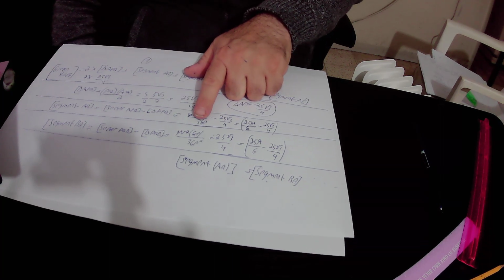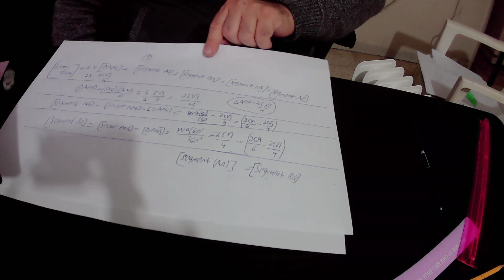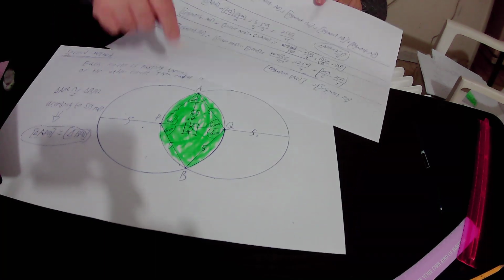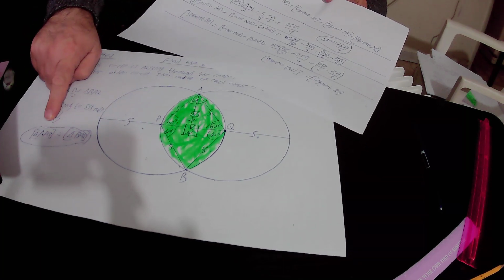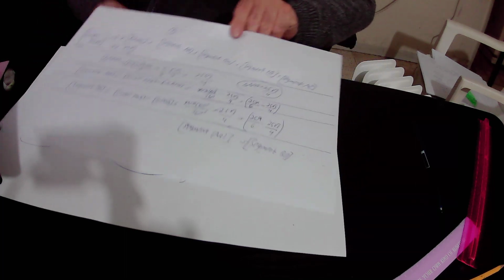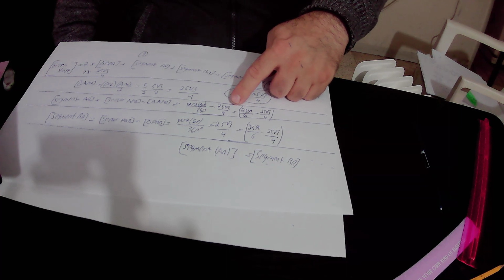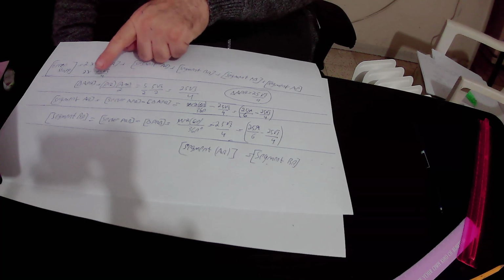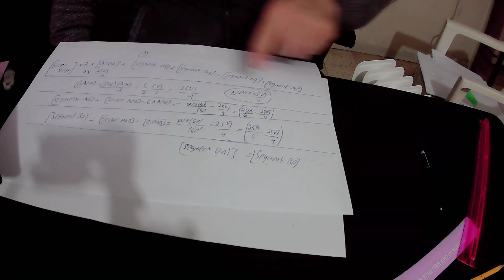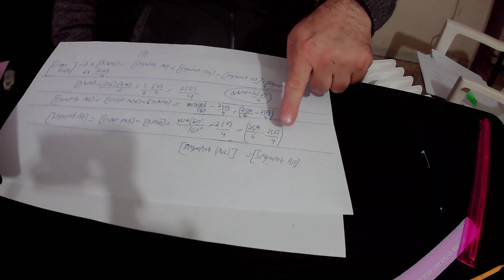The area of sector equals pi r squared times 60 degrees over 360 degrees, minus the area of triangle PQB. The area of triangle PQB is equal to the area of triangle PQA. That is to say, the area of triangle PQB is also equal to 25 times square root of 3 over 4. So, in conclusion, the area of segment QB equals also 25 pi over 6 minus 25 times square root of 3 over 4.